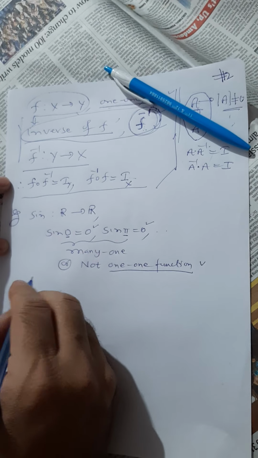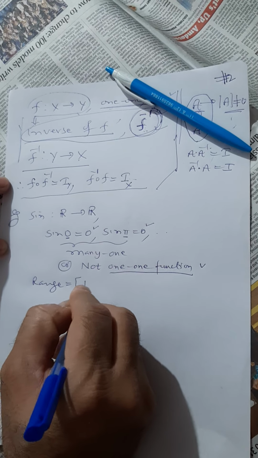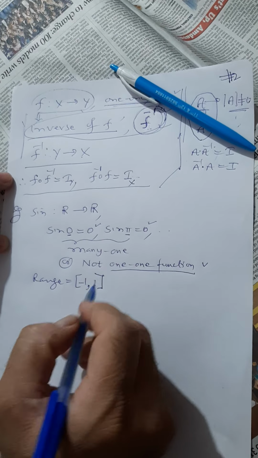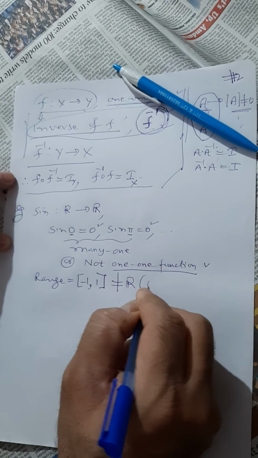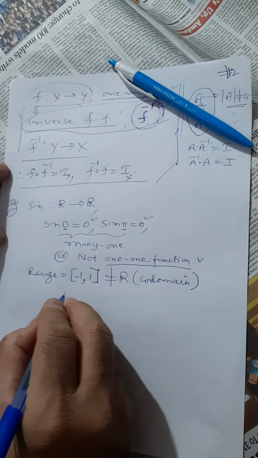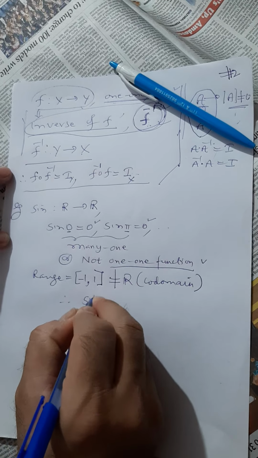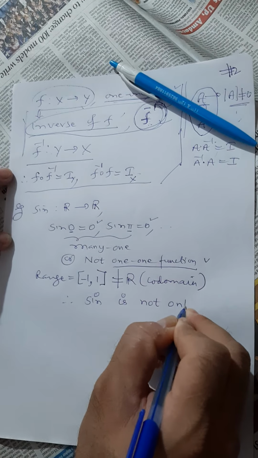Even what's the range of the sine function? Range of the sine function, you know, is the closed interval minus 1 to 1. Is it the same as the codomain? No, it is not equal to R, which is the codomain. So therefore, sine is not onto, remember.